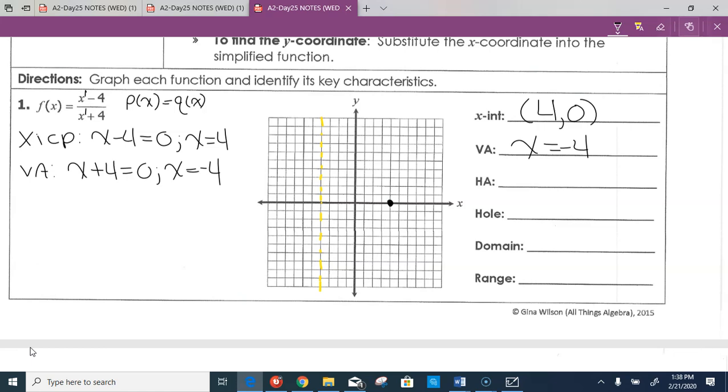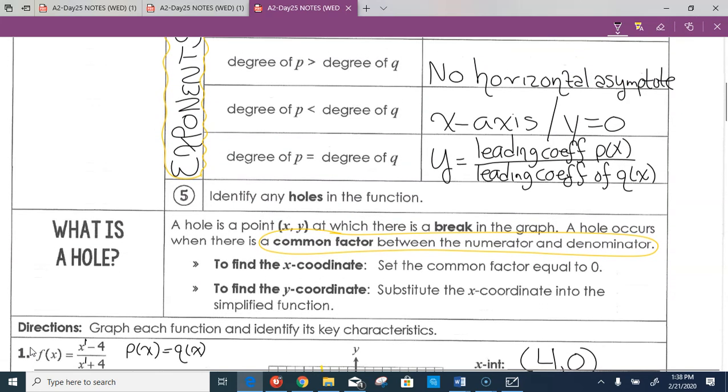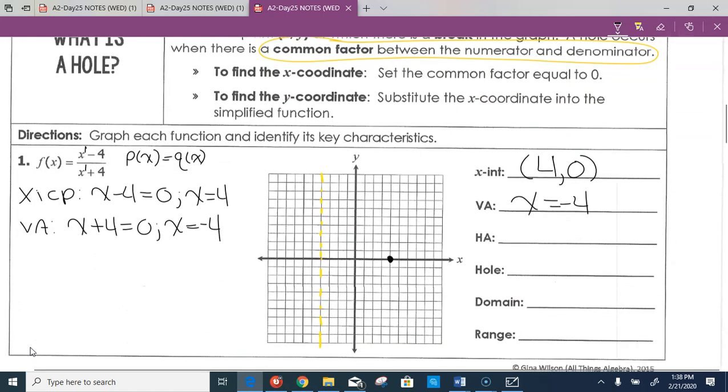And we have a rule above that tells us when p and q are of equal degree, because degree just means what number you have for your exponent. So since they both have 1s, or they're equal, then we're going to get our y line by dividing the leading coefficients of both. Leading coefficients is the number in front of x's.